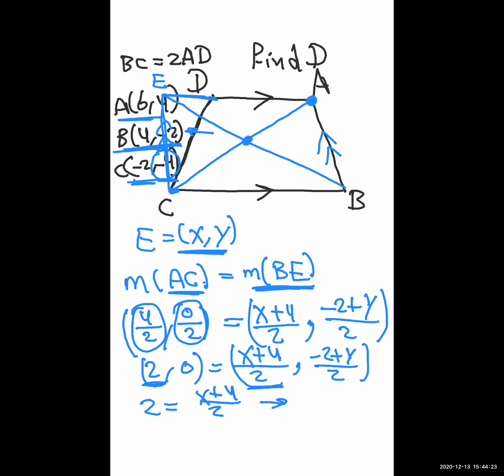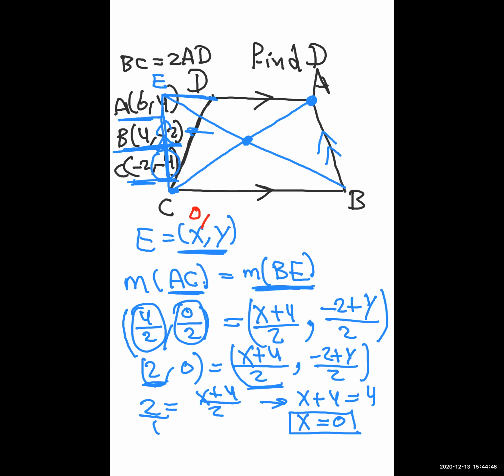Then cross multiplication, x plus 4 will equal 4. So x will equal 0. So the first coordinate of this point is 0. Are we clear now? Yes. Great.